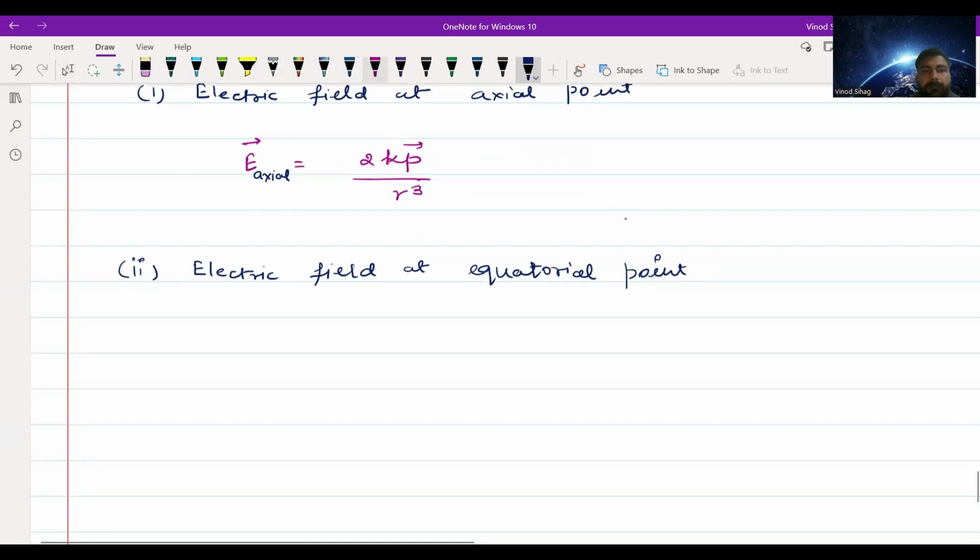It is E vector equals to minus of kp vector upon r cube. ठीक है, where k equals to 1/4 pi epsilon naught. This is the value of the electrostatic constant. Okay. And we can write it in the suffix here also that it is at the equatorial point.